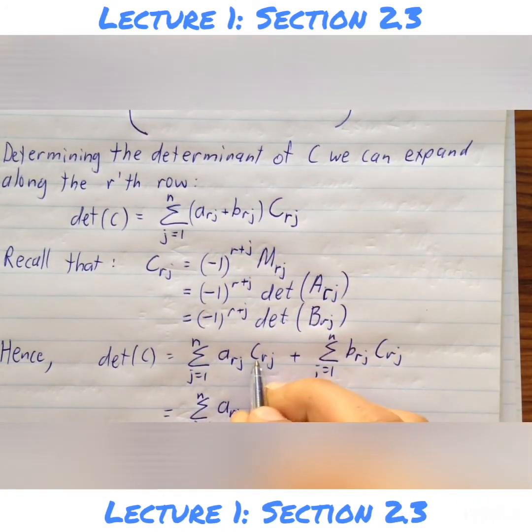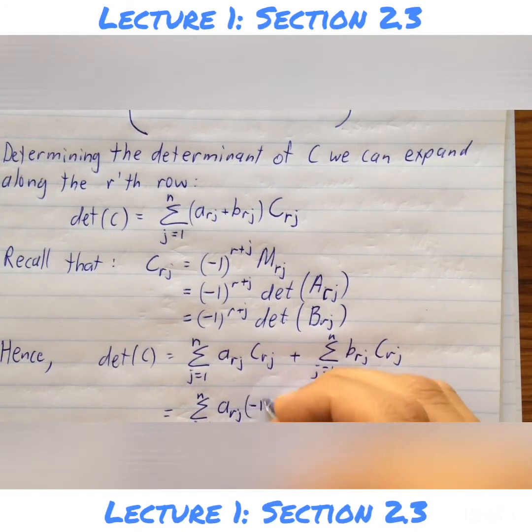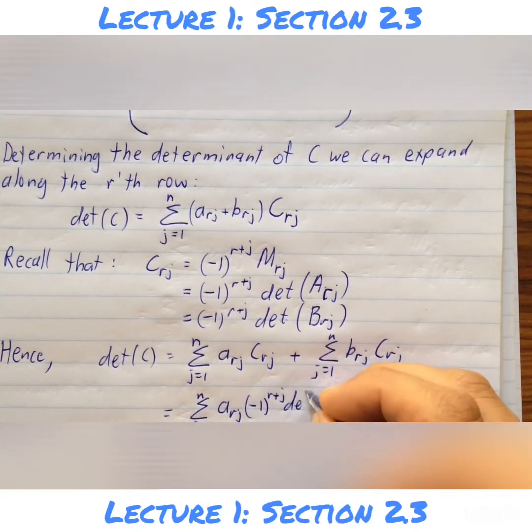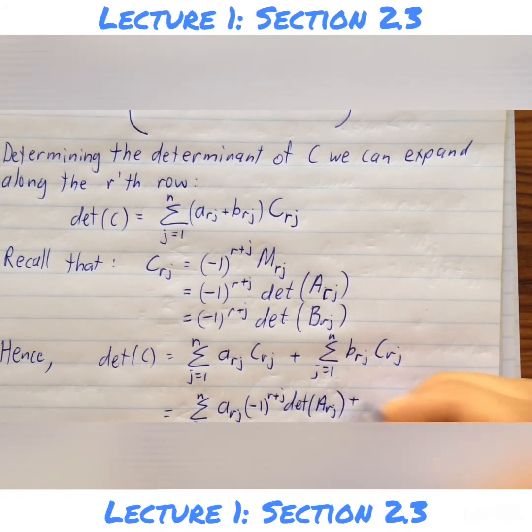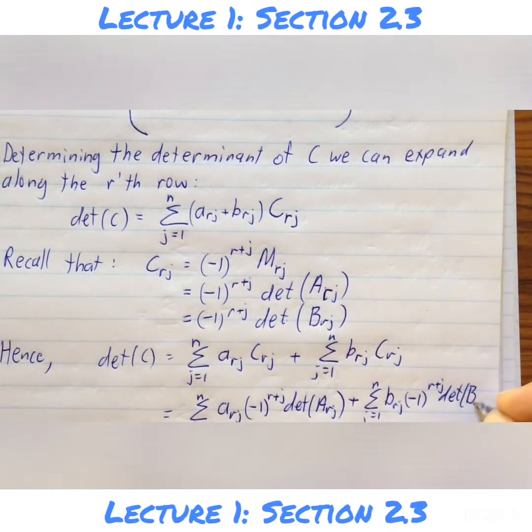You can replace c_rj pretty much by this value there. Okay, and then again you can do the same here. That is b_rj, and again you can replace it with that, minus 1 to the power r plus j, multiplied by the determinant of B_rj.